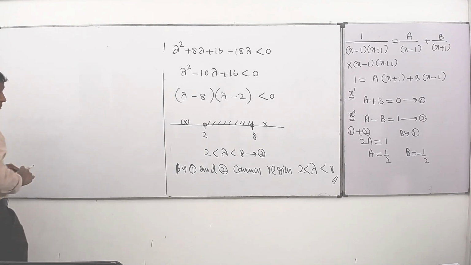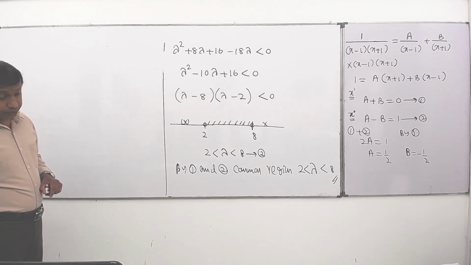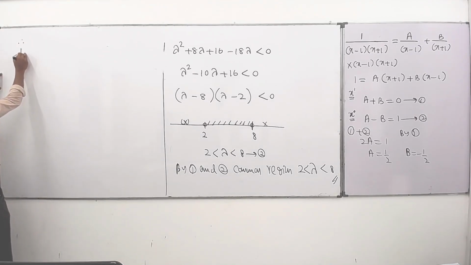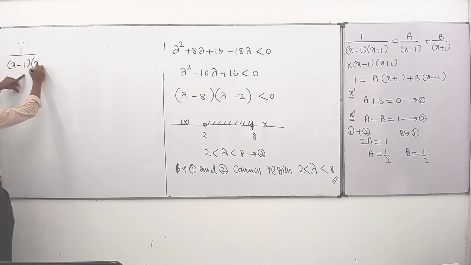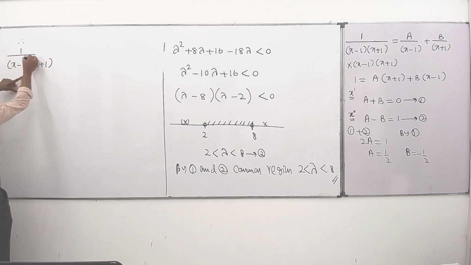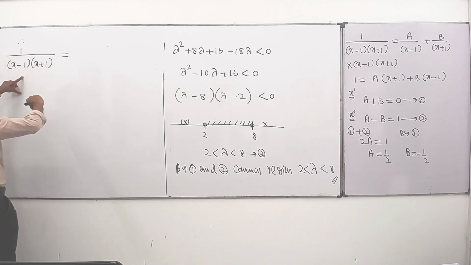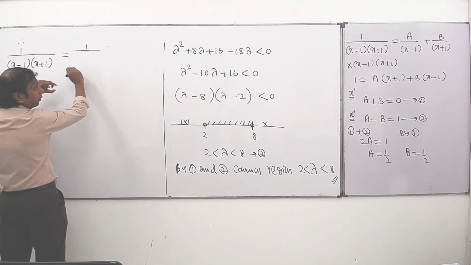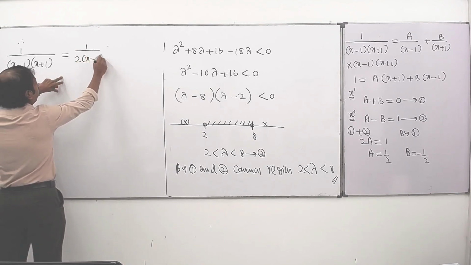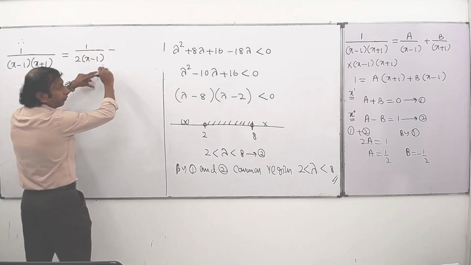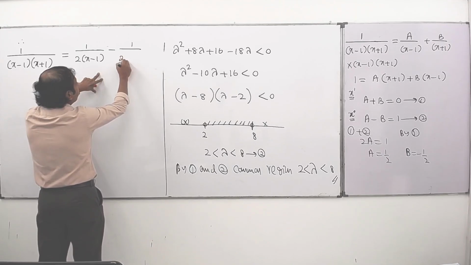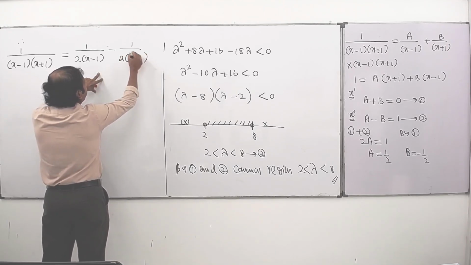Substitute for A and B there. Therefore, 1 over (x minus 1)(x plus 1) equals, A is half, so we substitute like this: 1 over 2 times (x minus 1) minus 1 over 2 times (x plus 1).